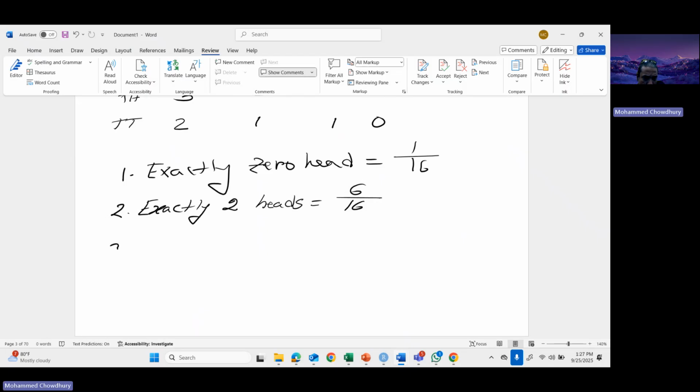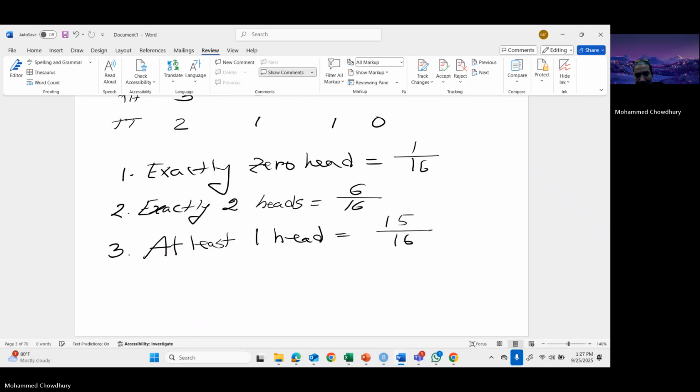Now I want to do at least 1 head. So 15 over 16, right? At least 1 head. Only one sample point does not contain any head.